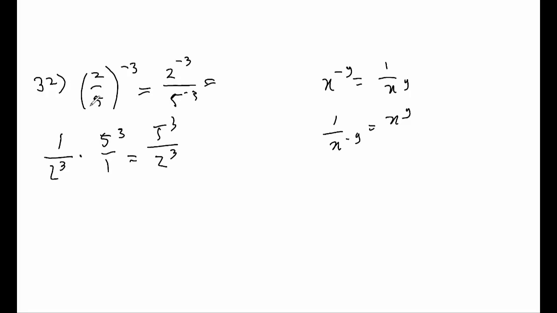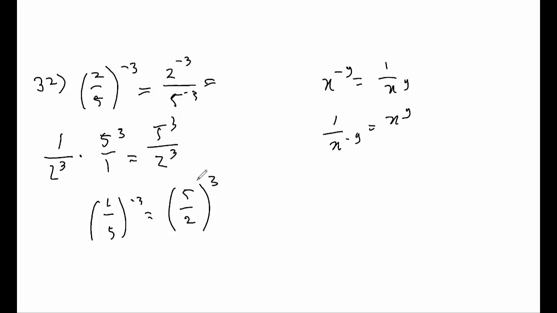So as a shortcut, what I can do, I can start out with 2 over 5 to the negative 3, and that would be the same thing as 5 over 2 to the positive 3.